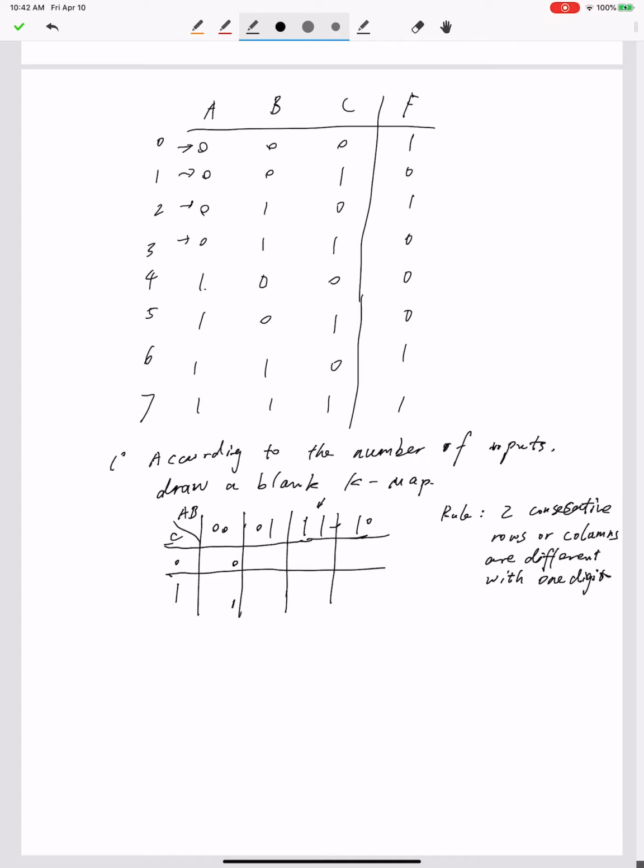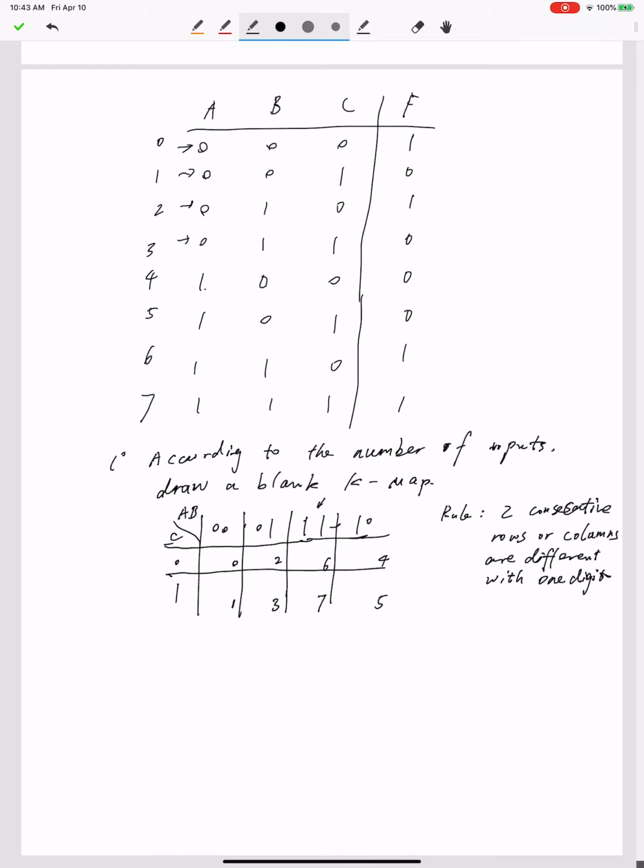The row number is equivalent to the cell number. For this cell, the inputs are 0 1 0, and if you convert that to a decimal number, that's 2. This should be 3. And the tricky one is this one, 1 1 0. The corresponding decimal number is 6. So the cell number here should be 6. And this is 7. This is 4. And this is 5.